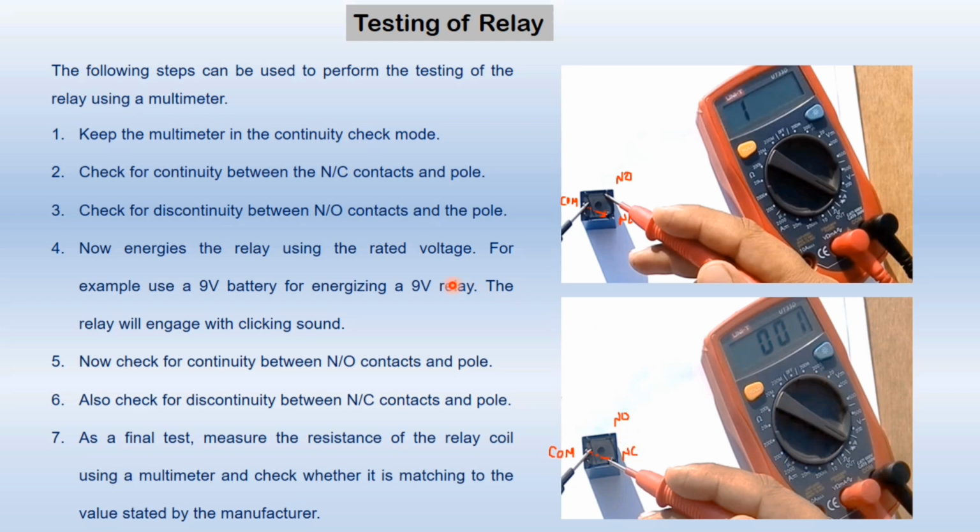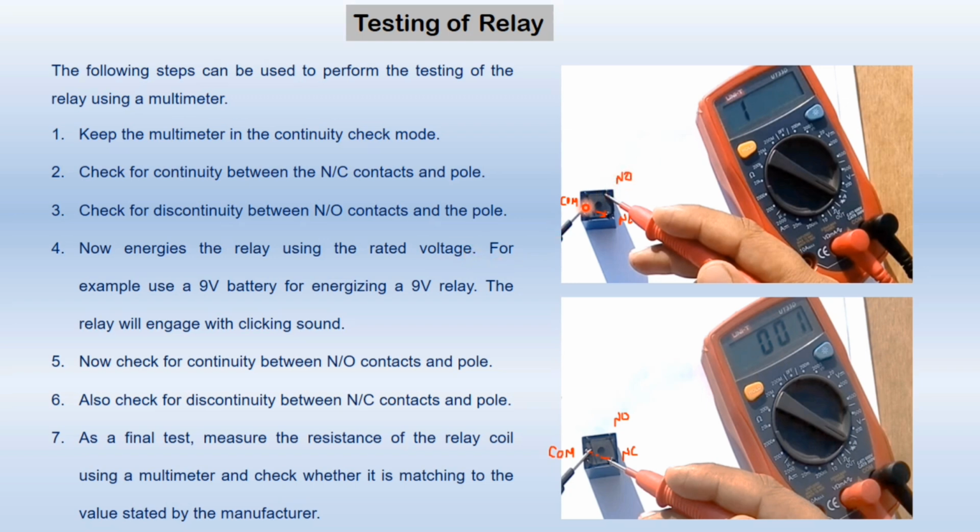Now you can also check it for the on position. For that, connect your relay to the DC power supply. Suppose we have a 9-volt relay, so we will connect it to a 9-volt battery. When you connect it, if it is a mechanical relay, it will give a clicking sound. Now check for continuity between the common terminal and the normally open position.